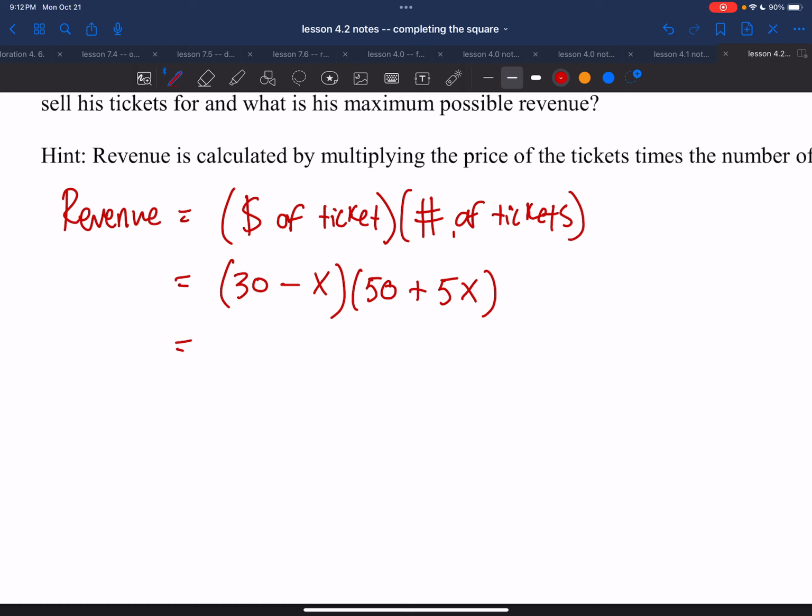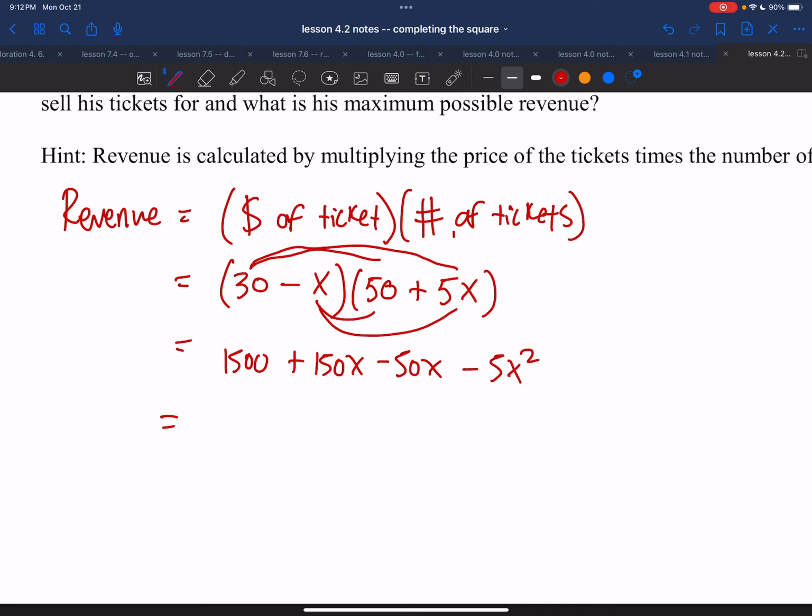And we could put it in standard form by using distribution. So 30 times 50 is 1,500. 30 times 5 is 150x. And then negative x times 50 is minus 50x. And then negative x times 5x is negative 5x squared. So let's rearrange that. That's negative 5x squared.